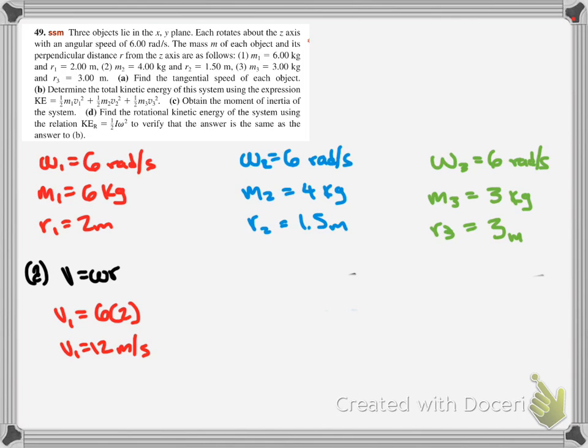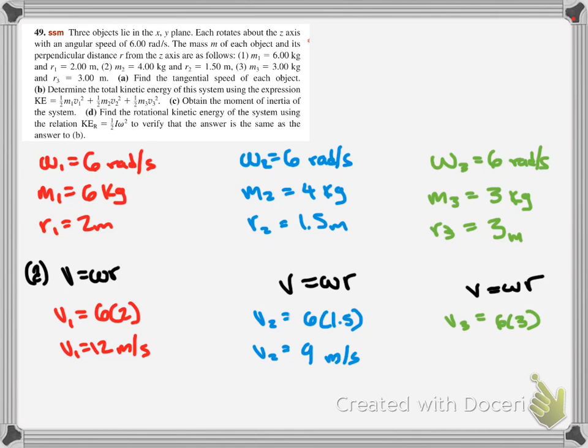I'll do the same thing for the blue one. V equals ωr, so we get 6 times 1.5, which equals 9. And then we do v equals ωr for this one: 6 times 3, and we get 18 meters per second.